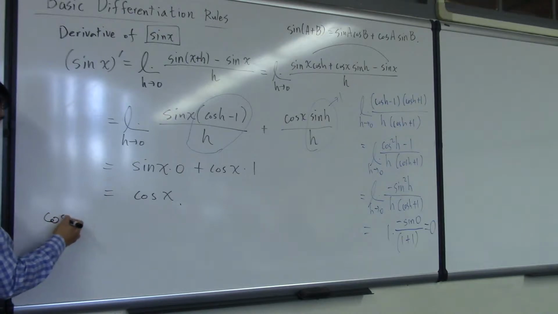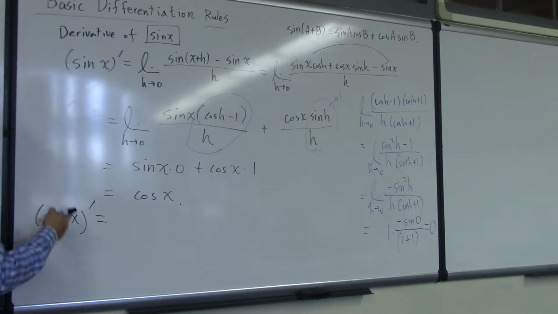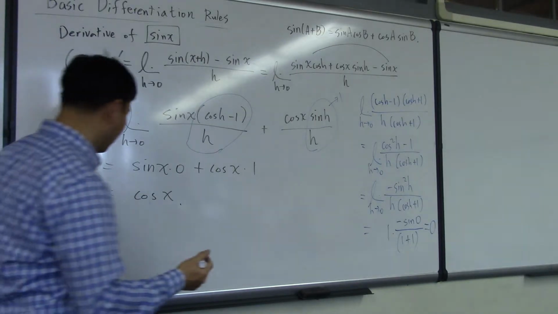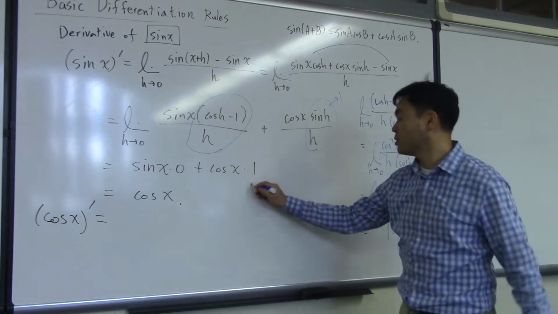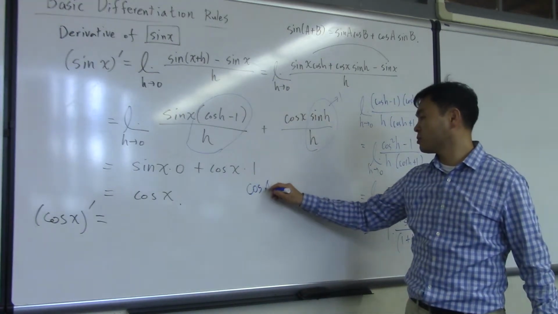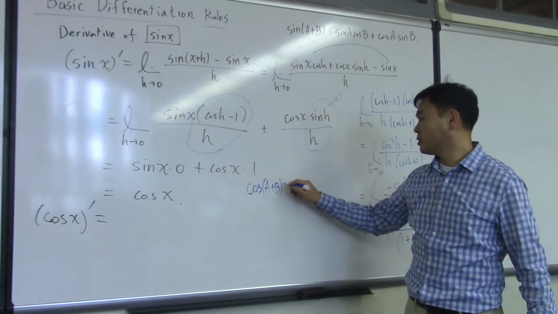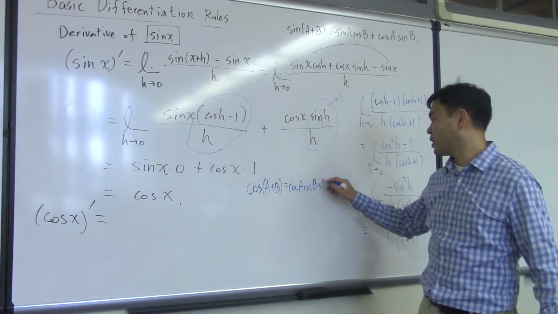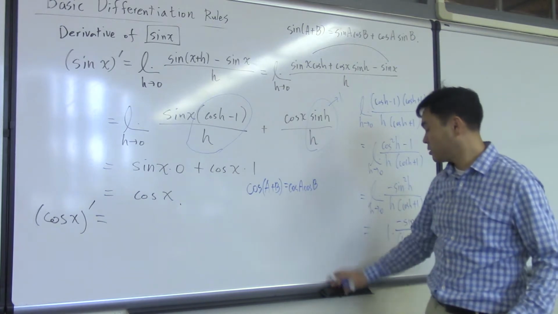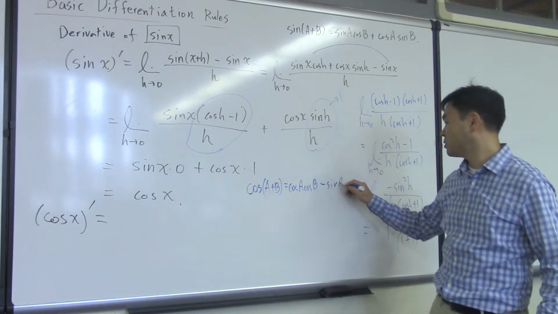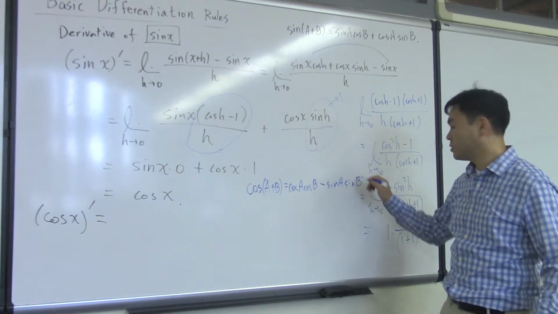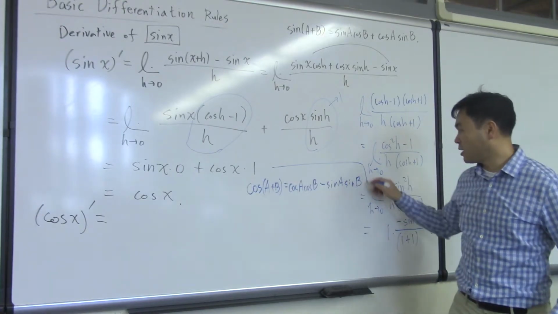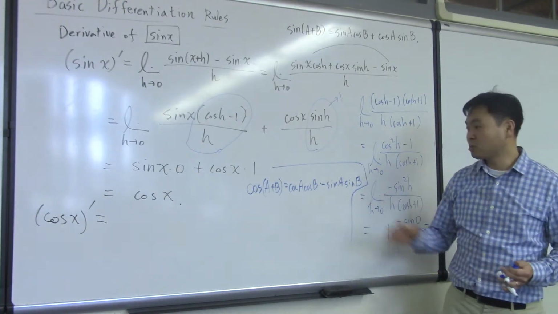If you wanted the derivative of cosine of x, you need to make use of the cosine angle sum formula, which is cosine of A plus B is cosine A cosine B minus sine A sine B. I don't want to bore everyone with another proof.